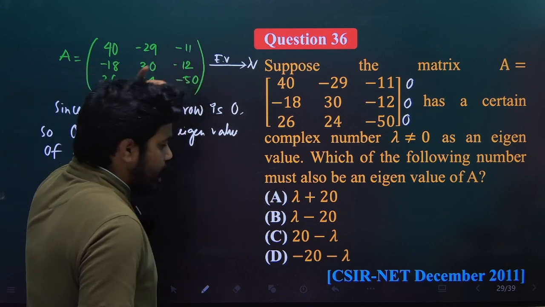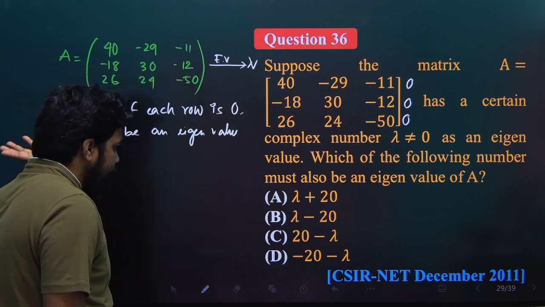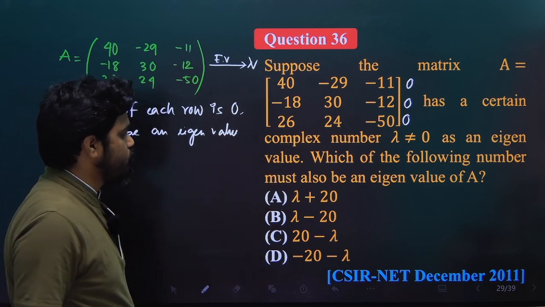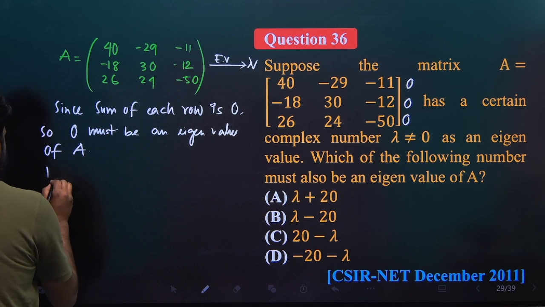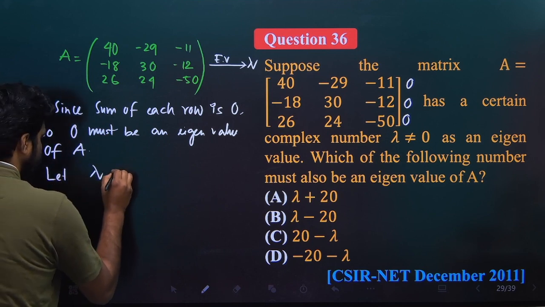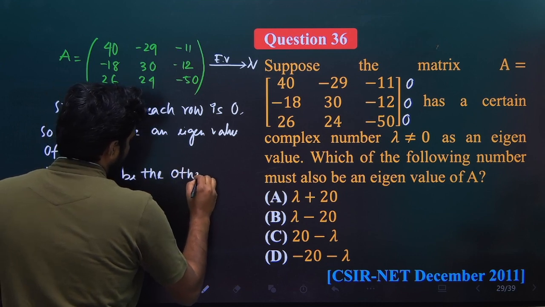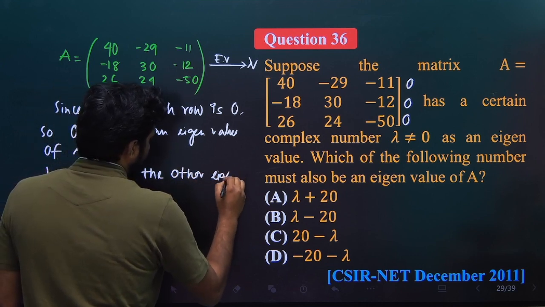So lambda is given as an eigenvalue, and I got 0 as an eigenvalue. We have to find which of the following must be an eigenvalue. So let lambda 1 be the other eigenvalue.